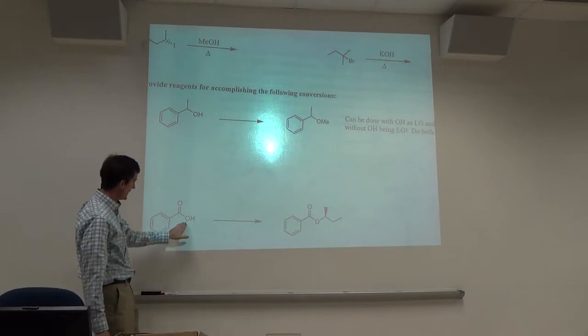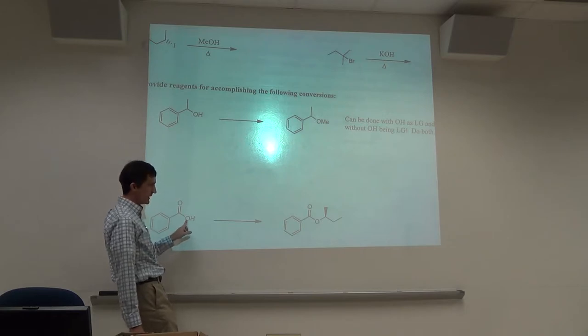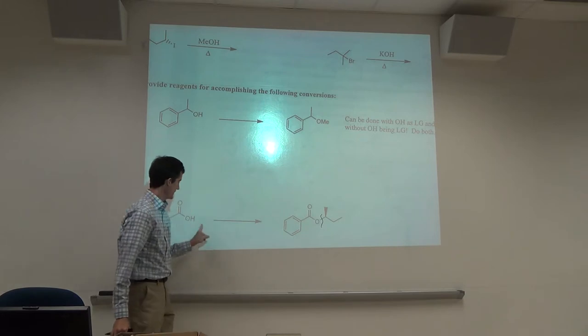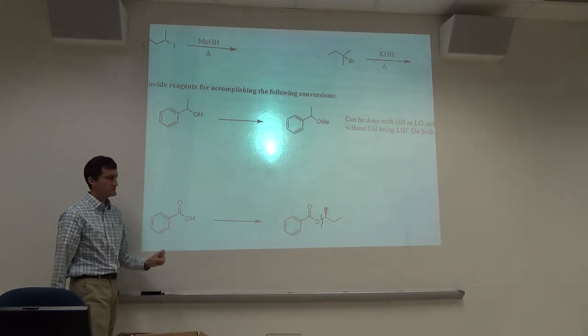What are we doing here? Looks like we're putting something on this oxygen. We're making the oxygen to carbon bond instead of OH. We're alkylating the oxygen. How do you want to do this?